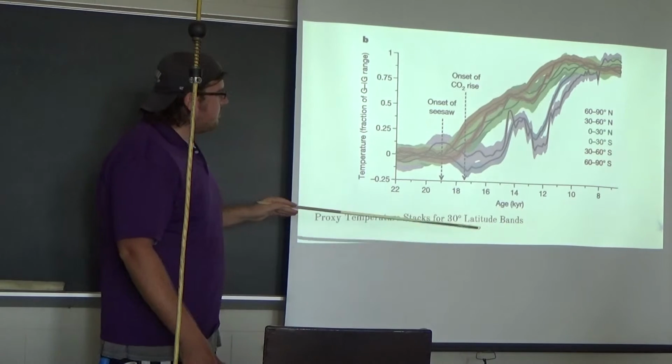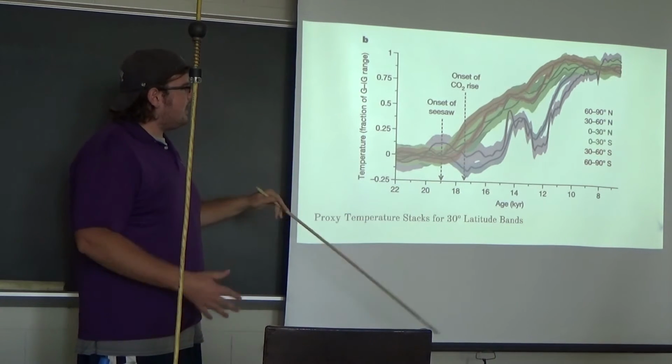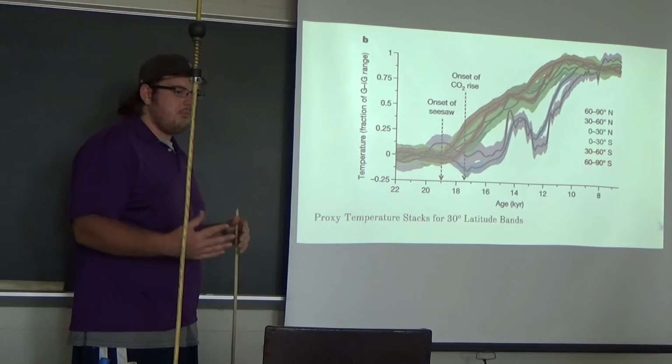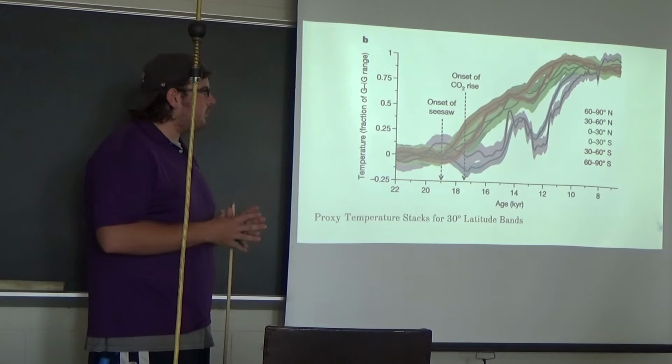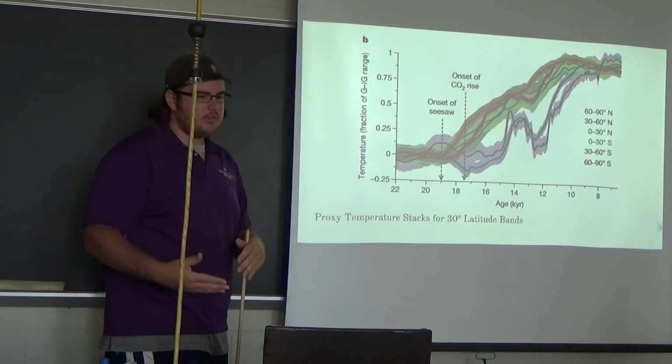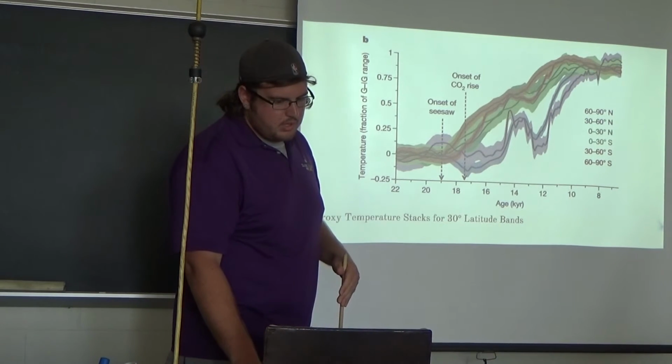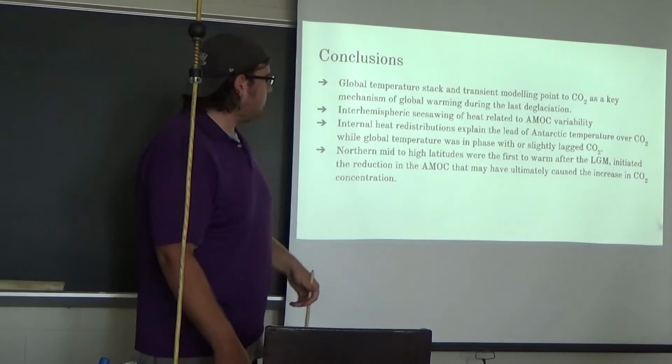And so they predicted this, but it's saying that the Antarctic was largely driven by ocean currents, just the way that our Earth was going, but that also led to an increase of CO2, which then helped warm the northern hemisphere.